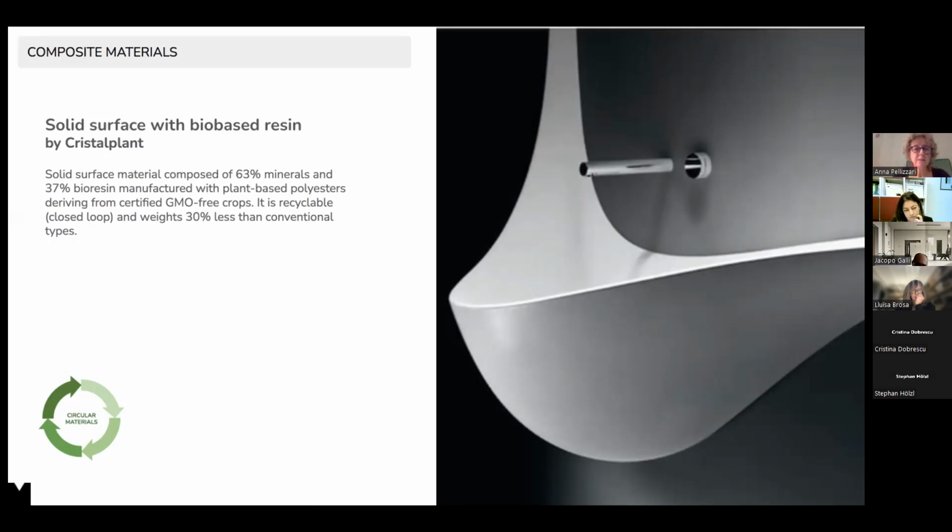In this case, the 30% content of resin is bio-based. So it's manufactured with plant-based polyesters. It is recyclable, again closed loop, so they can recycle it in their manufacturing plants, but once it's outside the company, that's not recyclable anymore unless the company has a take-back program.